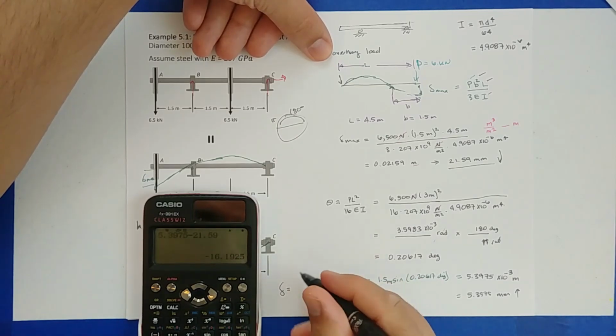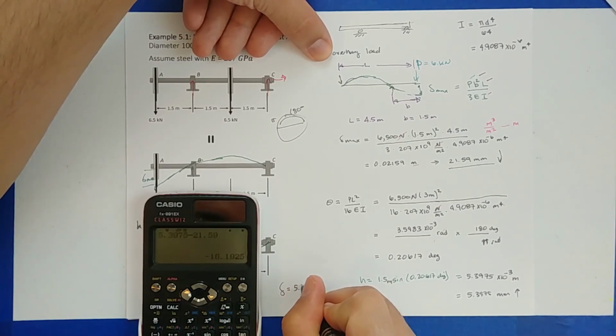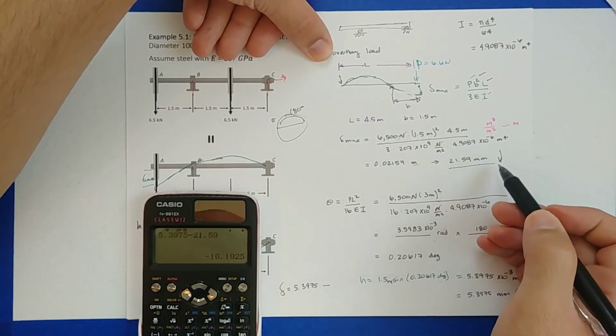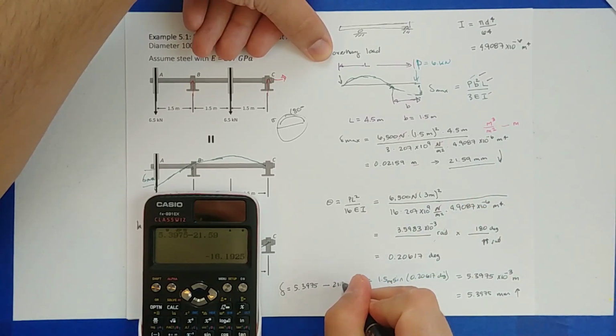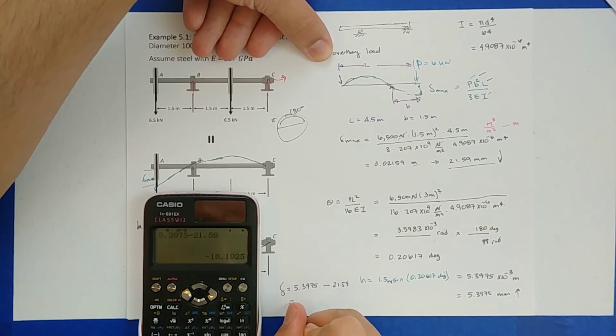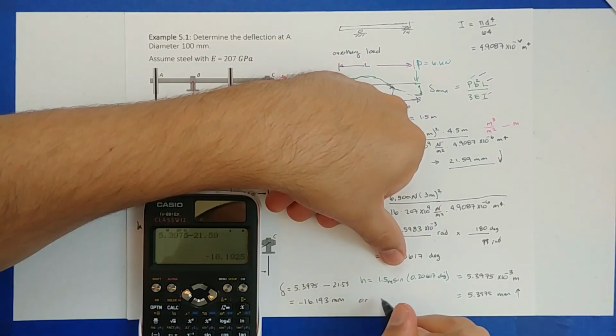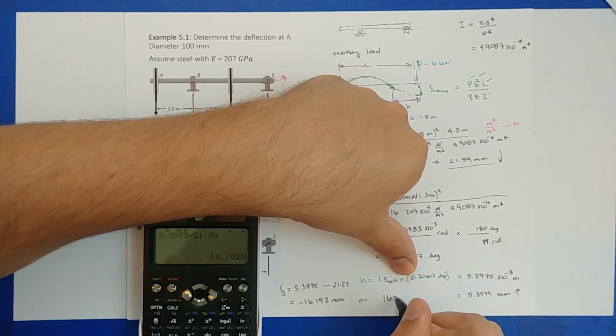So we're going to call positive for this class, 5.3975 minus, why minus? Because this one's opposite is going down, 21.59, and this gave minus 16.193 millimeters, or you can just say 16.193 millimeters down.